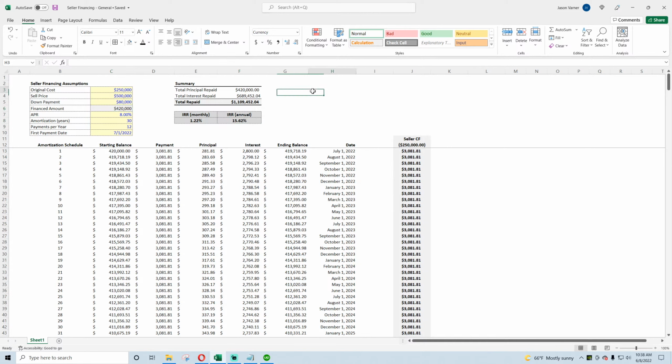Now the gain is the sell price minus this. So we have a $250,000 gain.